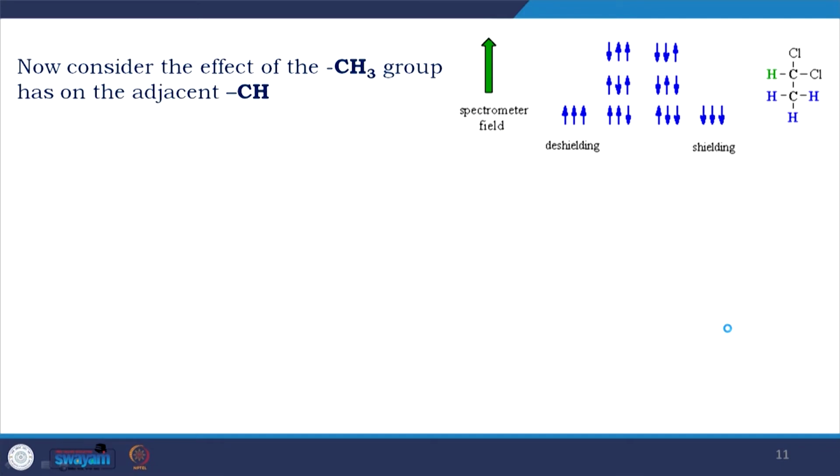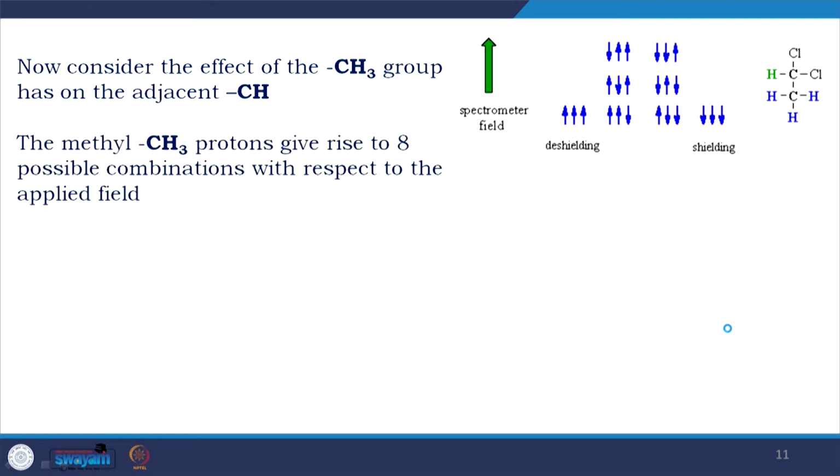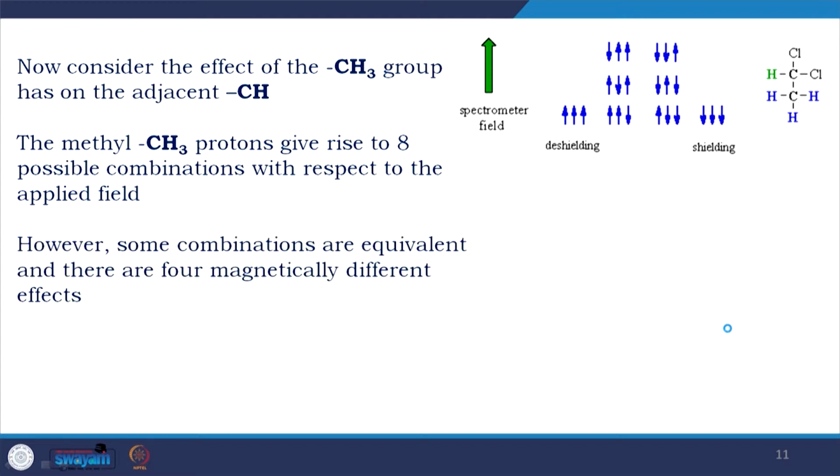Now, consider the effect the CH3 group has on the adjacent CH. So, if you see, they are 3, so they have different combinations. As you see, they could have 1, 2, 3, 4, 5, 6, 7, 8 combinations. The methyl CH3 protons give rise to 8 possible combinations with respect to the applied field. However, some of the combinations, that is why we have aligned them, are equivalent, and there are 4 magnetically different effects.